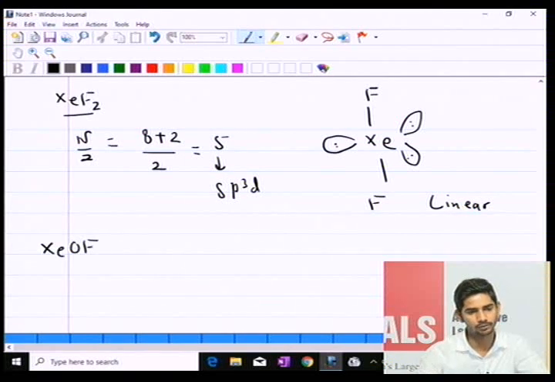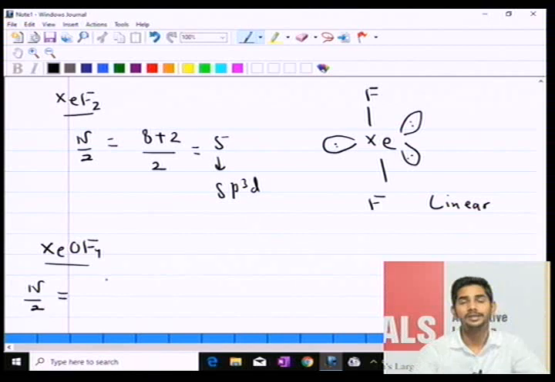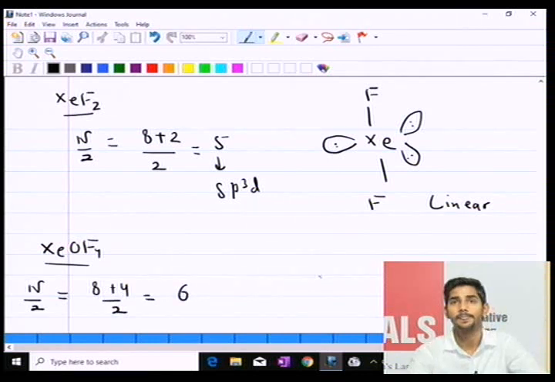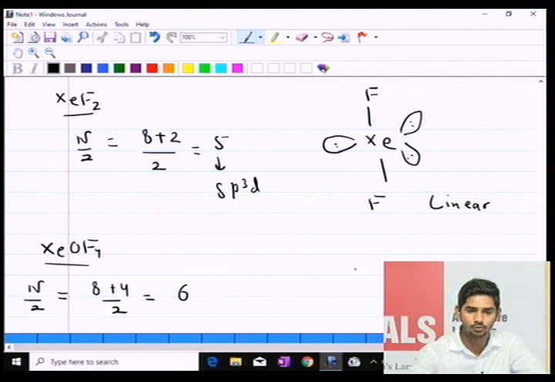Next was XeF4. Calculate the n/2. Guys, here xenon is the central atom, so it will be 8 plus 4 upon 2 equals 6. Remember, I have told you not to use oxygen if it is not the central atom, so I haven't used it.